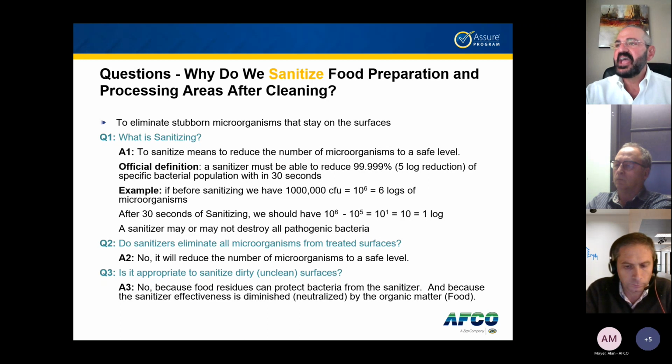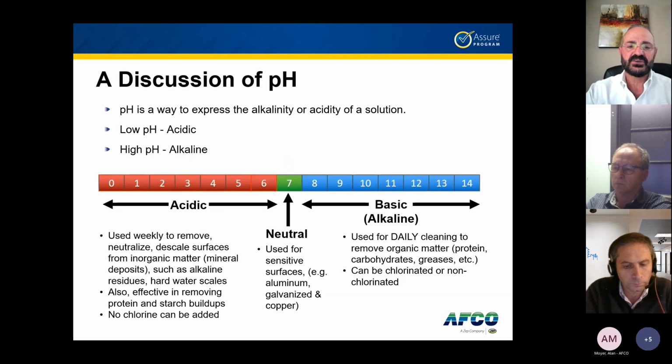So let's say we'll have 100 ppm. Is 100 ppm enough to kill these microbes? No, it's not. And that's why you need to remove all food residues from a surface before you sanitize it. So you make sure that the bacteria is exposed and the strength of the sanitizer is to the fullest.